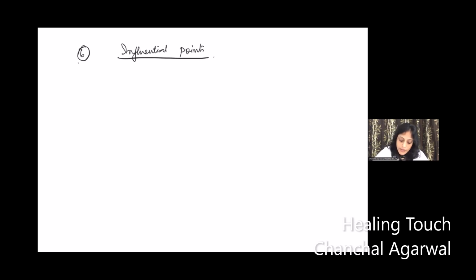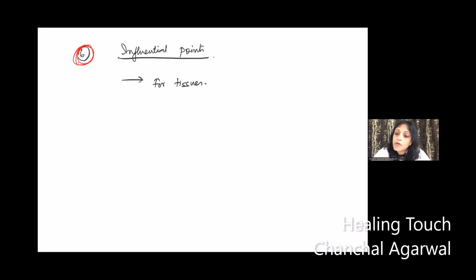Influential points are the points for tissues. Remember this. Just remember this. Influential points are the points for tissues. What are tissues? When we talk about Ayurveda, then it is Ras, Rakt, Mas, Med, Asti, Majja. All these are what? The tissues or the dhatus of the body.